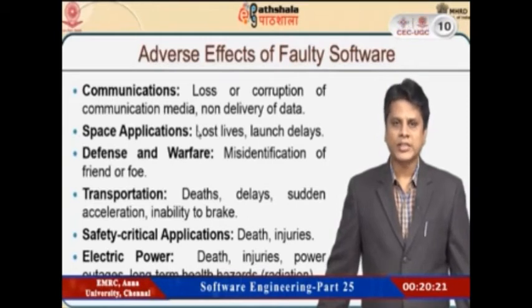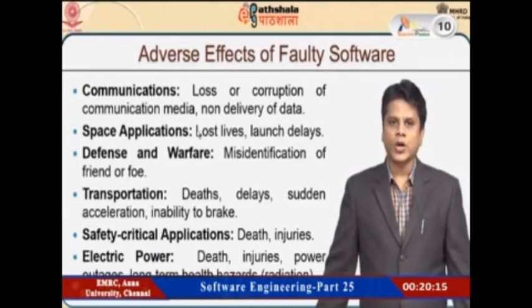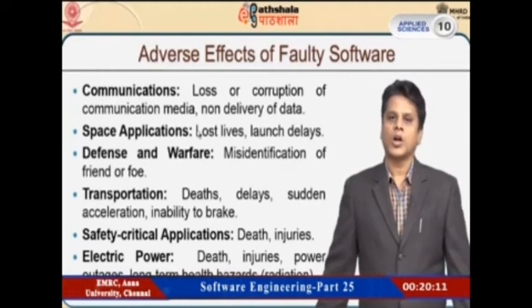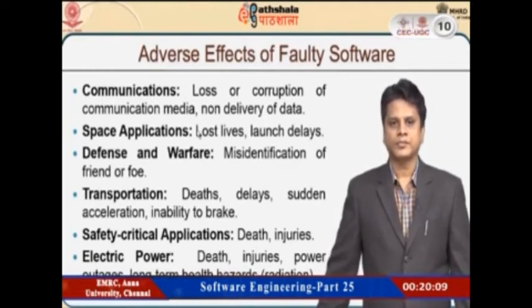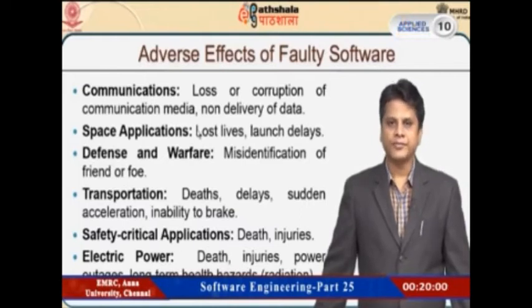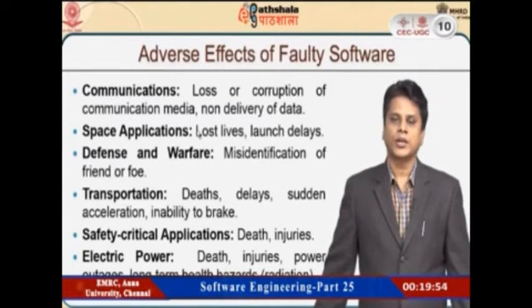But there can be adverse effects of these faulty softwares. Some of the adverse effects are in terms of communication, say loss or corruption of communication media or non-delivery of data. If you typically look at space applications, because of these faulty softwares, there can be loss of life, there can be launch delays which can cost even more heavily.